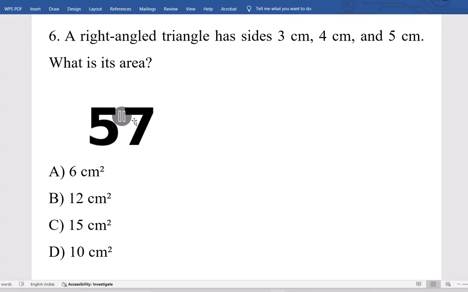Answer is 6 centimeter square. Half into base into height.